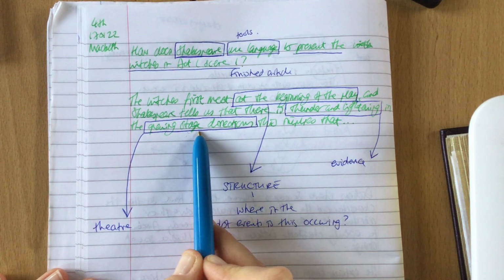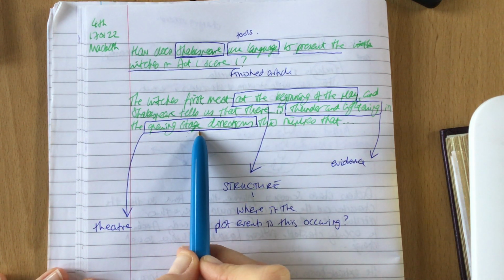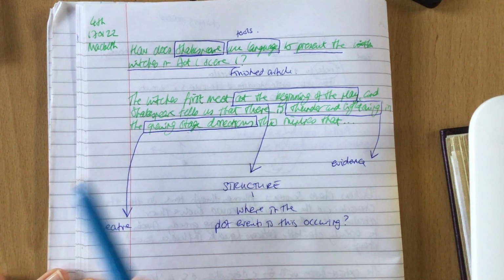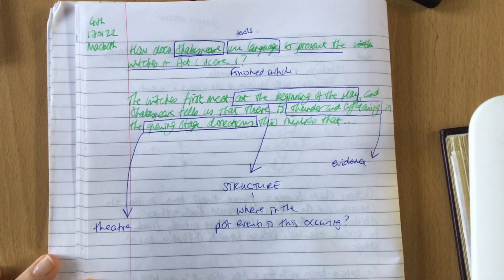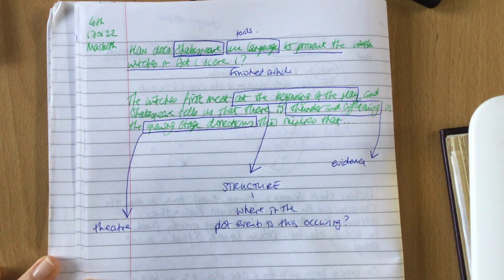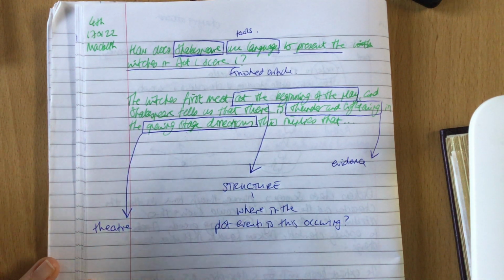Stage directions are specific drama terminology. Now, the exam board would like to see you using language of the text. Nothing massive, nothing super complicated, but the stuff that we'll be able to identify. So, for example, character, scene, entrance, exit, stage directions. What else? Playwright. That's the bloke who wrote the play.